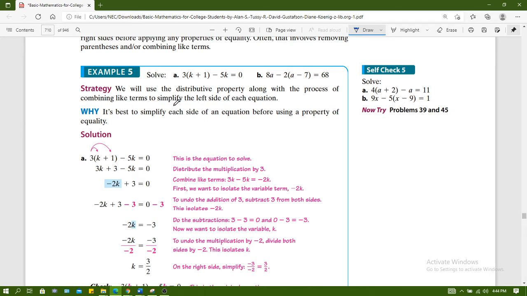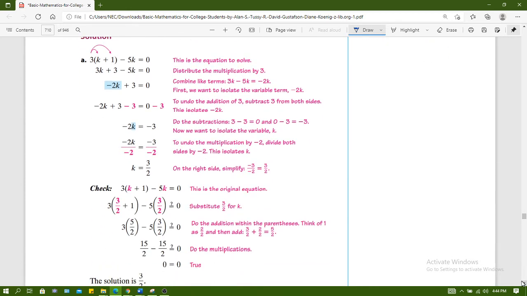Okay, so let's start with A, 3 times quantity k plus 1 minus 5k equals 0, and B, 8a minus 2 times quantity a minus 7 equals 68. So let's start with letter A. So, using the distributive property, you distribute this value from the outside to combine like terms. Okay?